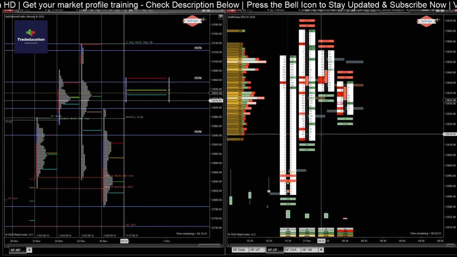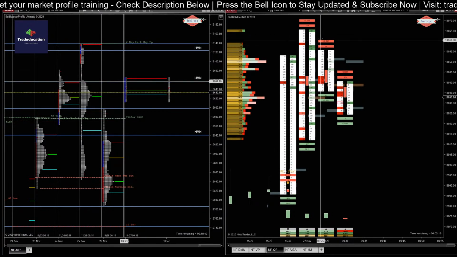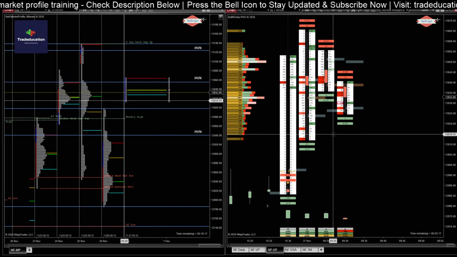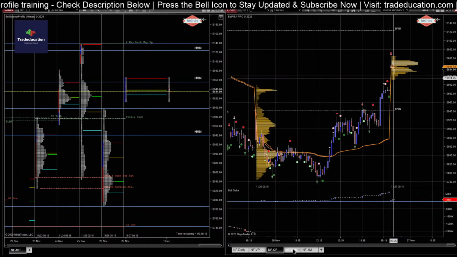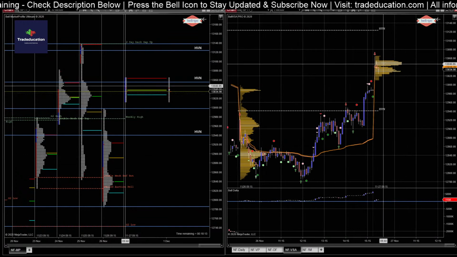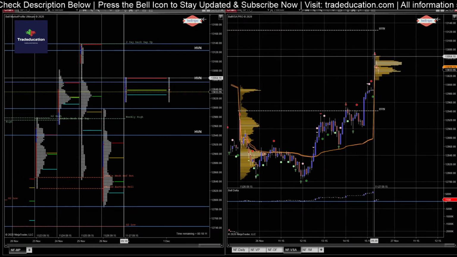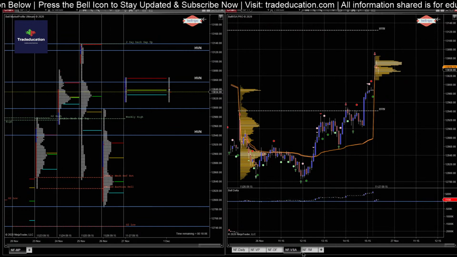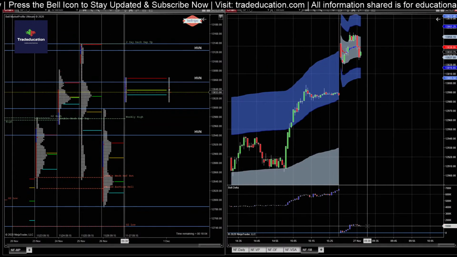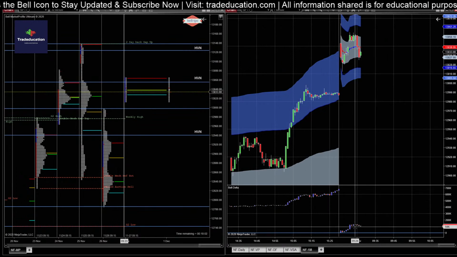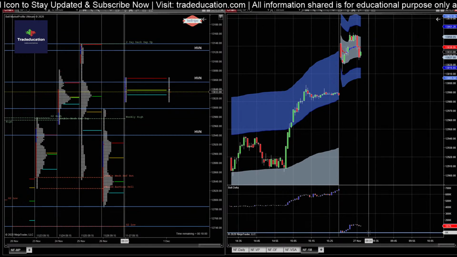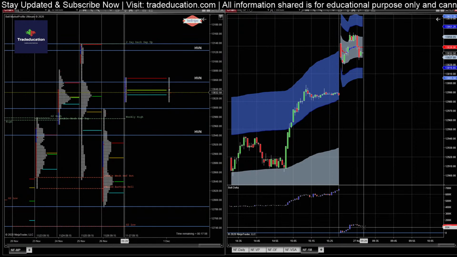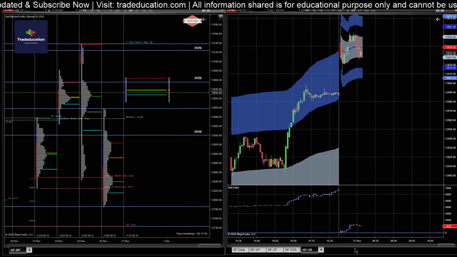We have a couple of anomalies, unfinished auctions here. Let me jump to the VSA chart. There came a VSA sell signal, but overall delta is rising. So a discord is getting formed, where the auction is below VWAP and the delta is just going sideways.